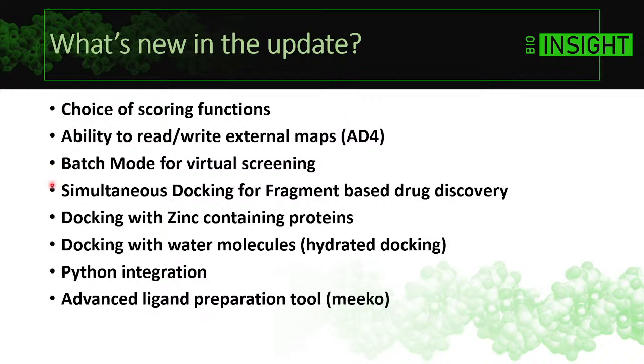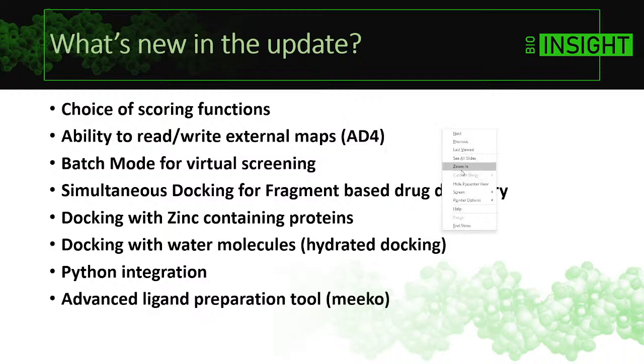Another additional feature that the AutoDock Vina update has is simultaneous docking for fragment-based drug discovery. Simultaneous docking means that at the same time two different ligands can be docked into the same binding cavity. This has good applications in fragment-based drug discovery.